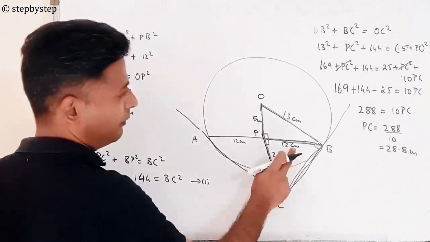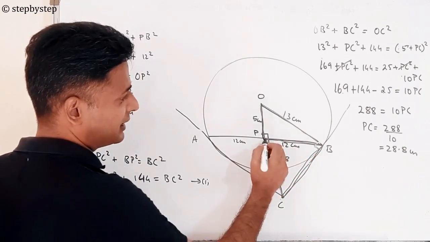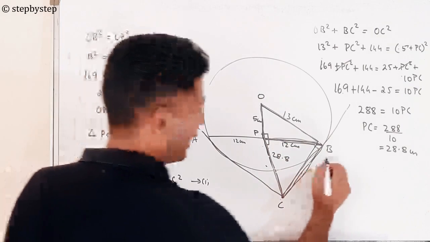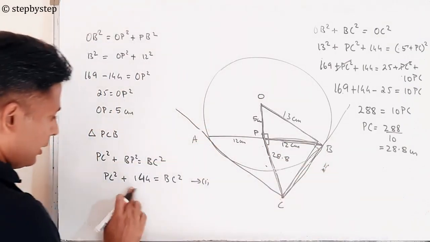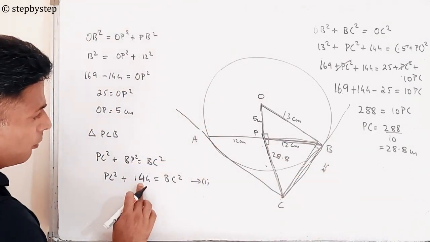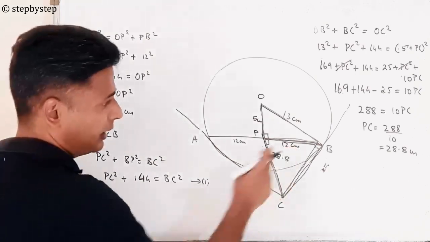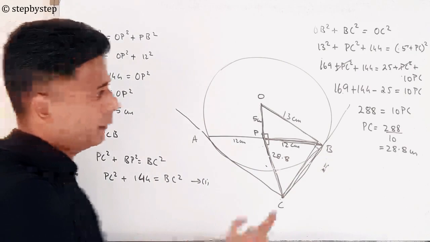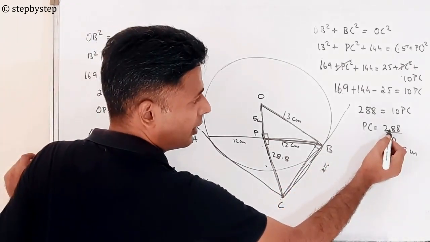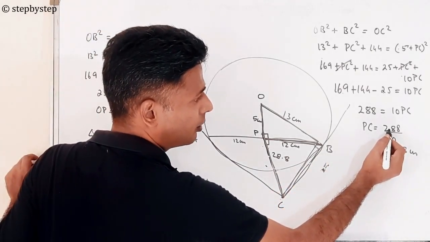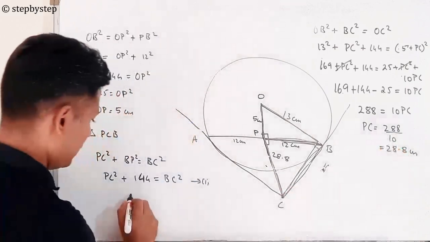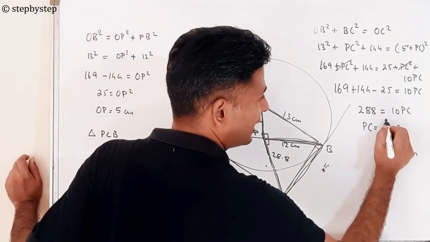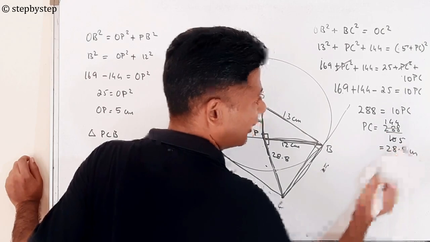Now since we have this, we can find BC from this triangle again. We have PC square plus 144 equals BC square, from this triangle. But PC is 28.8 centimeters, and I'll not take it as 28.8. PC is 288 by 10, so you can write it as 144 by 5, right?